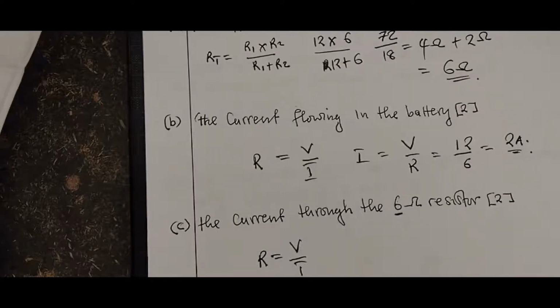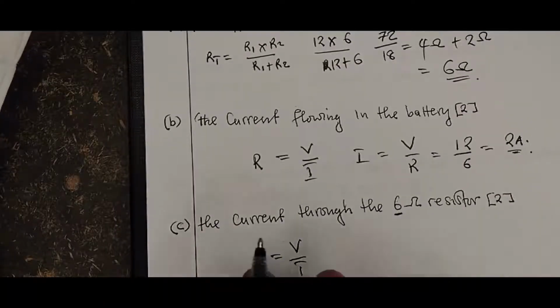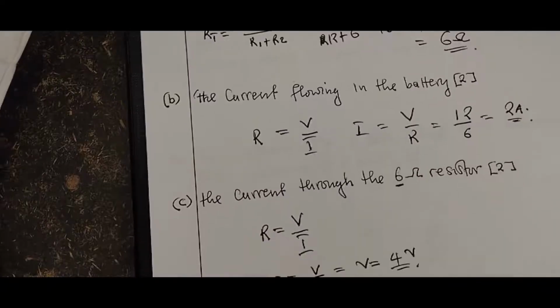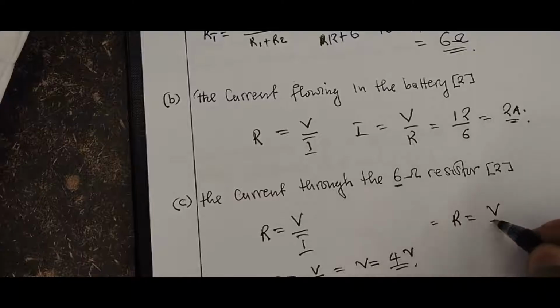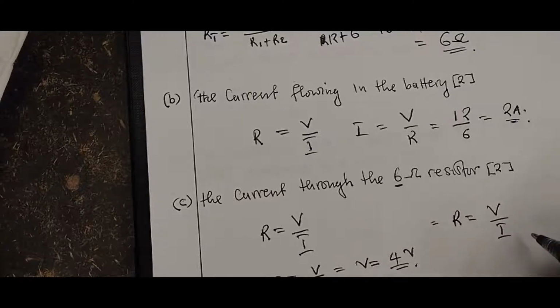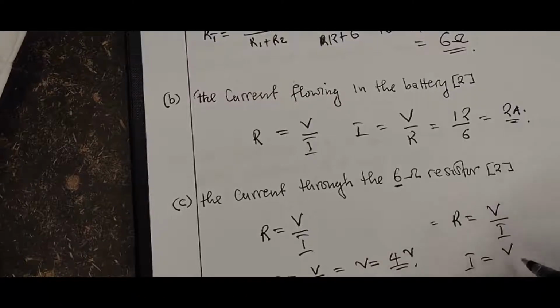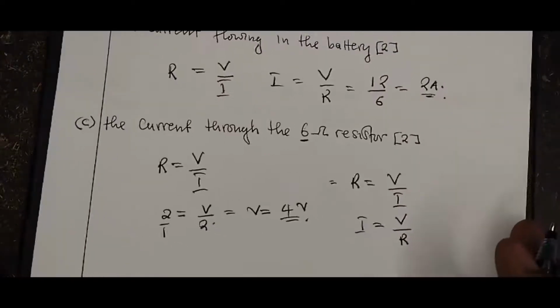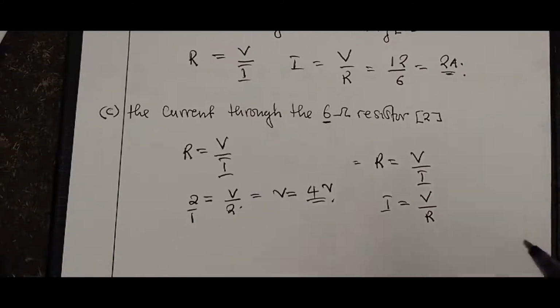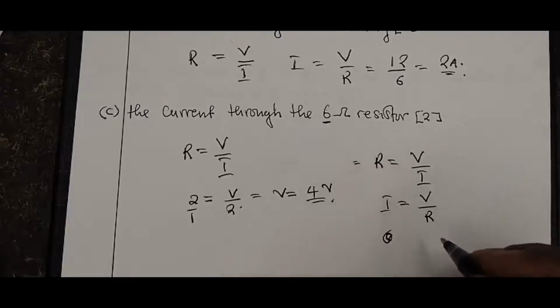So now we can go on and calculate the current through the 6 ohms resistor. Applying the formula, resistance is equal to voltage over current. Okay, we are finding current, so in this case current is equal to voltage divided by resistor. What is the size of the resistor? 6.